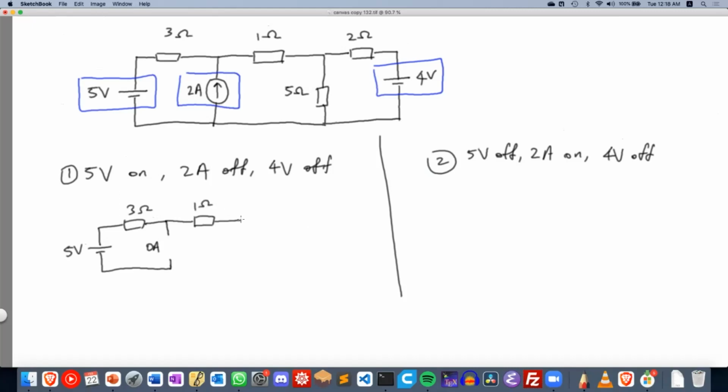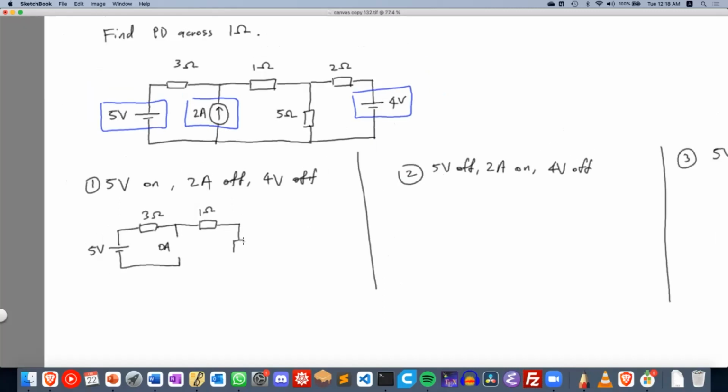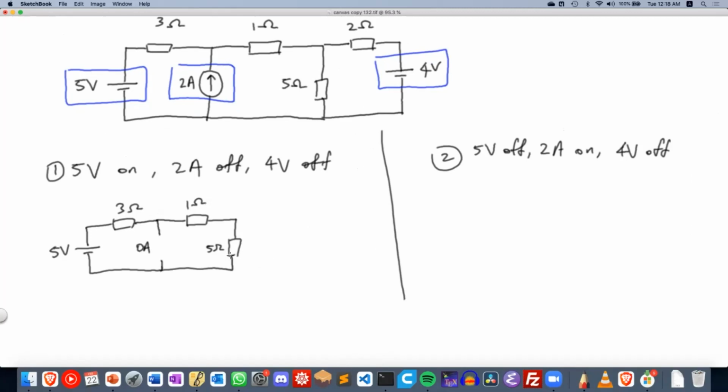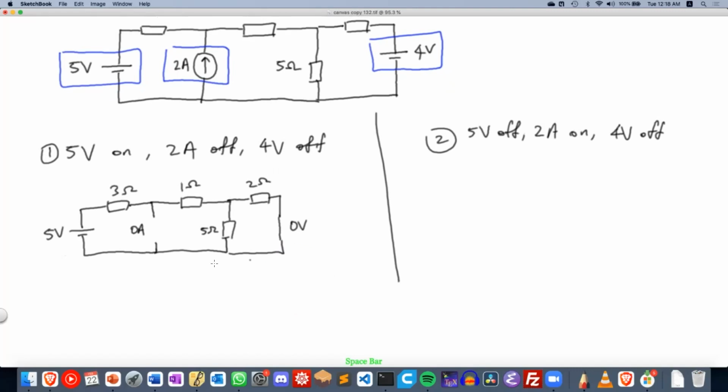Then you have the 1 ohm resistor, a 5 ohm resistor, and finally 2 ohms. And to turn off the 4 volts, we set it to 0 volts, which is short circuiting it. So that's the first scenario.